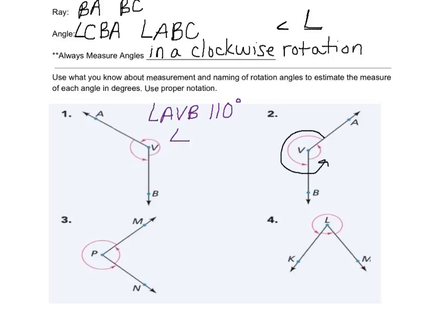So the next angle that I have, remember, now we're starting here on this ray, would be angle BVA. And so I'm following this. And if you think about this being, again, let me actually switch colors here.